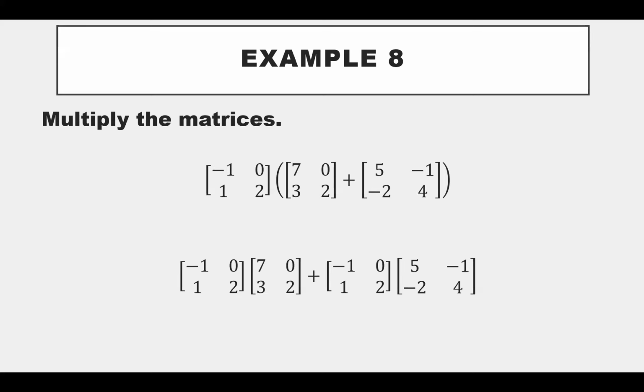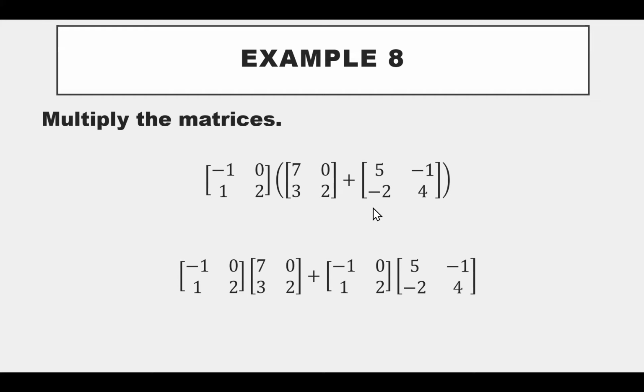Now, the last thing I want to do is demonstrate how multiplication and addition of matrices interact. We'll deal with all 2 by 2 matrices, and what we'll do is 2 different problems. We'll take a matrix times the sum of 2 matrices, and then I'll take that matrix times the first matrix and then add it to the matrix times the second matrix in the sum.